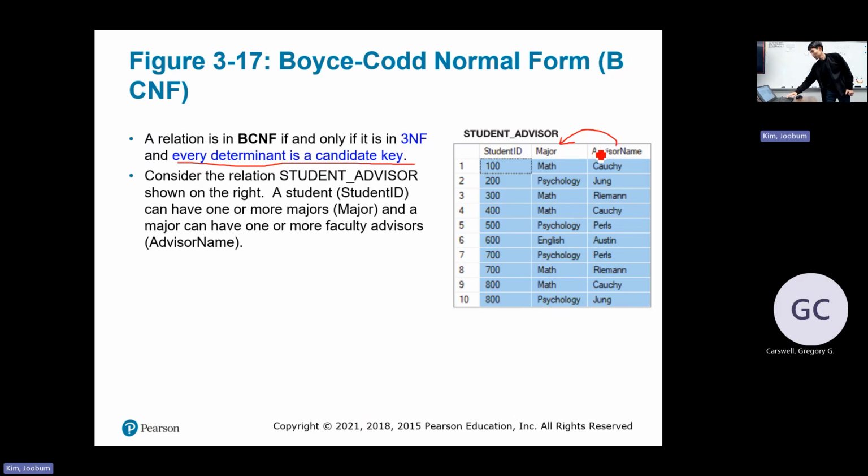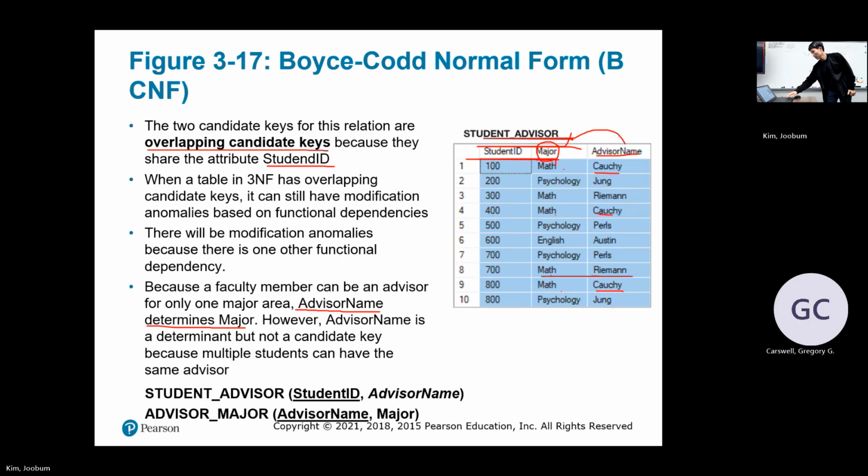Make sense? So we have to split into two relations. Here, with this determinant relationship, advisor name and major, with those two columns, we create a new relation, advisor major.